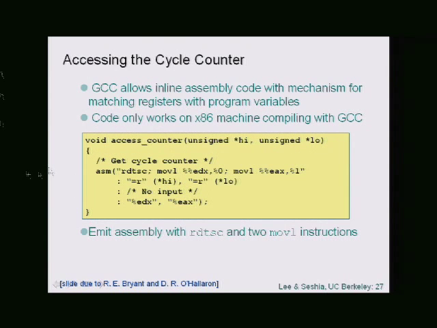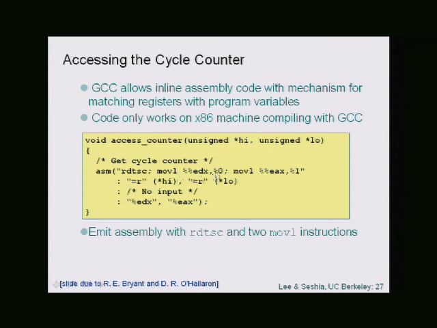Then there is a move instruction, which moves the high order bits to the location you want them stored in, and the low order bits to the location you want them stored in. So basically you have three instructions doing the whole sample of the cycle counter: the read timestamp instruction and two moves, and that's it.